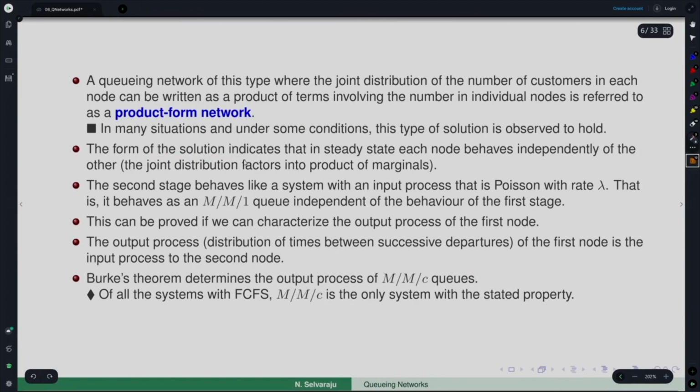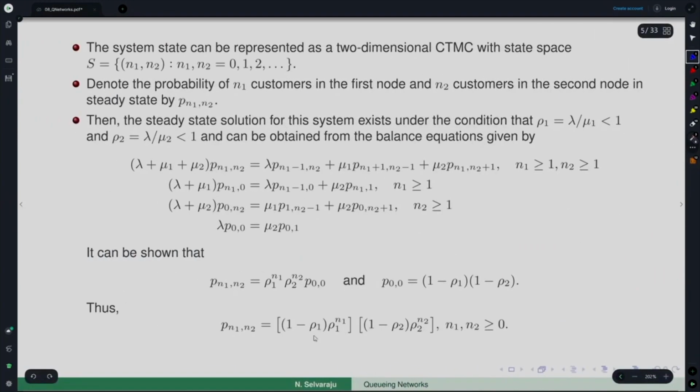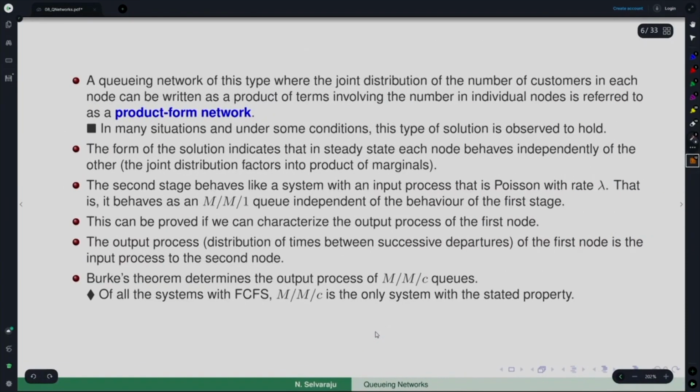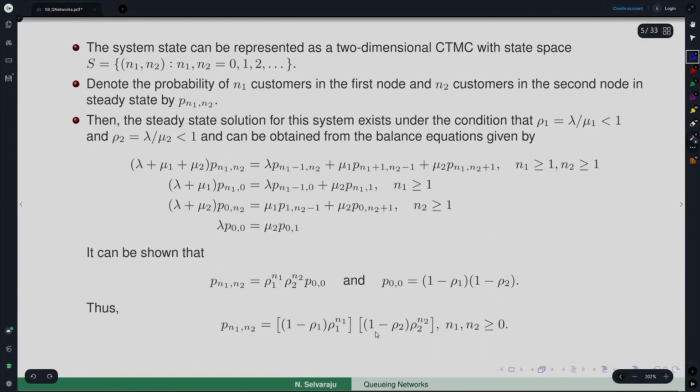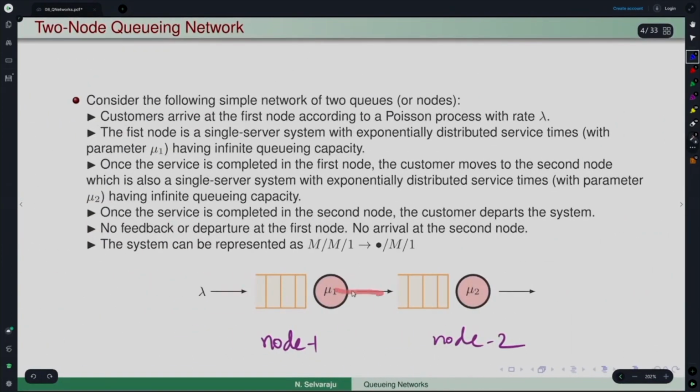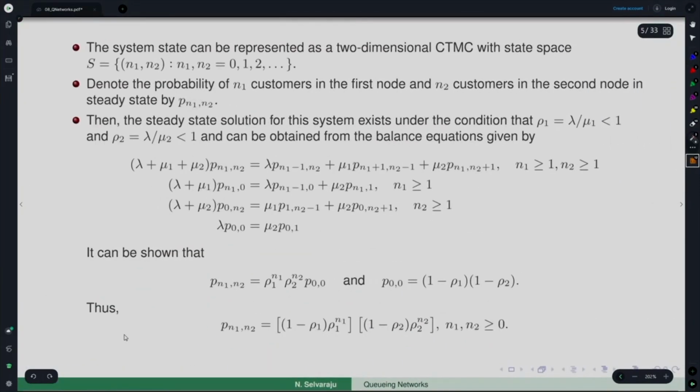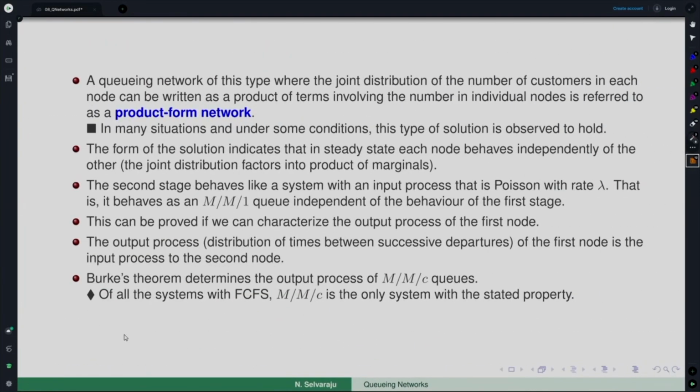This form of solution indicates that in steady state, each node behaves independently of the other, otherwise this would not have happened. One could expect that from node 1, the average rate of output could equal lambda, but what we are seeing here is more than that: not just the mean rate of arrivals, but even the variance, in fact the whole distribution is the same.